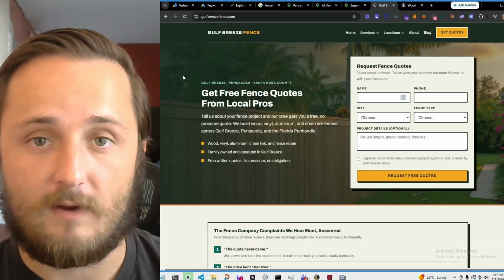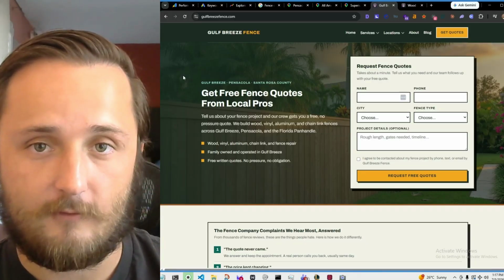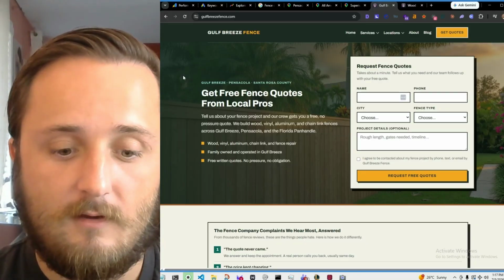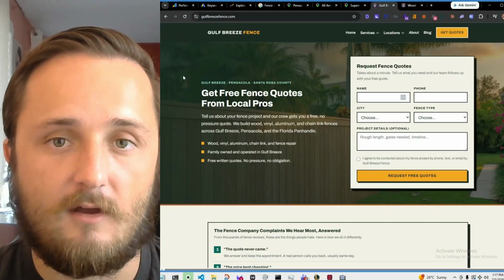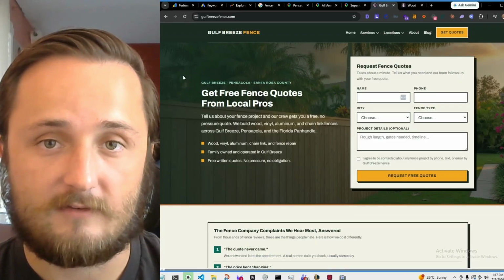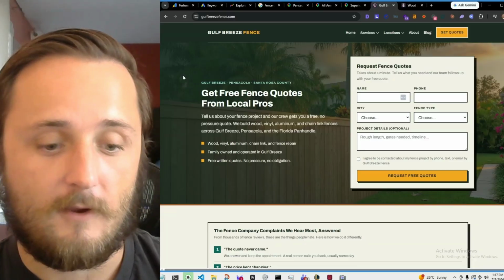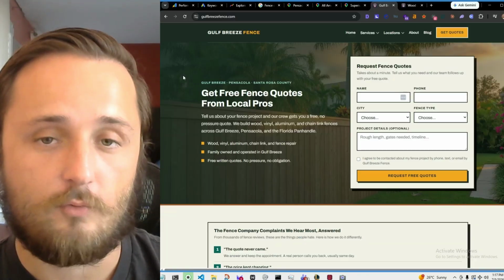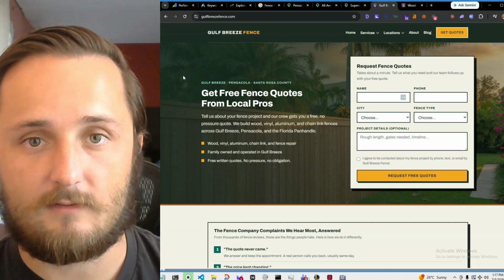Next, when I'm going to rank this fencing company, first things first, I'm going to buy a press release. Why I'm going to buy a press release is because in 90% of local SEO, when you look at your competitors' websites, they're going to range between 0 and 1 press release backlinks.